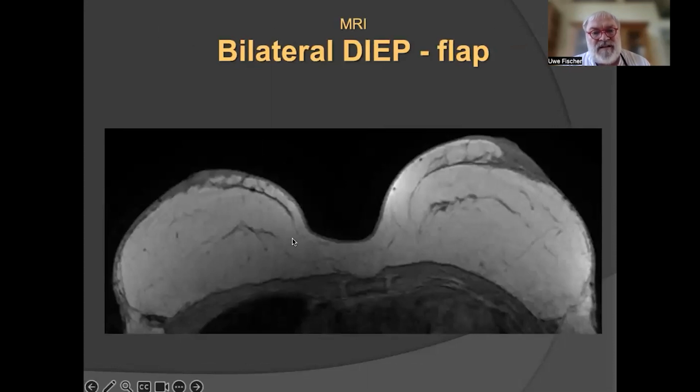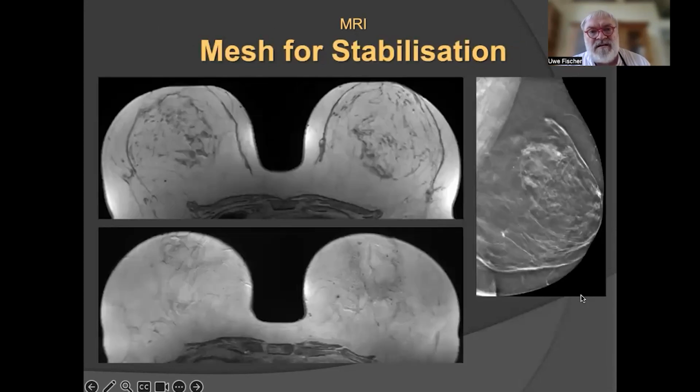You can see that mostly fat tissue was used, and to bring the volume into the breast, sometimes with the origin subcutaneous fat tissue, sometimes very close to the skin. And sometimes they will give this flap more stabilization by using a mesh.